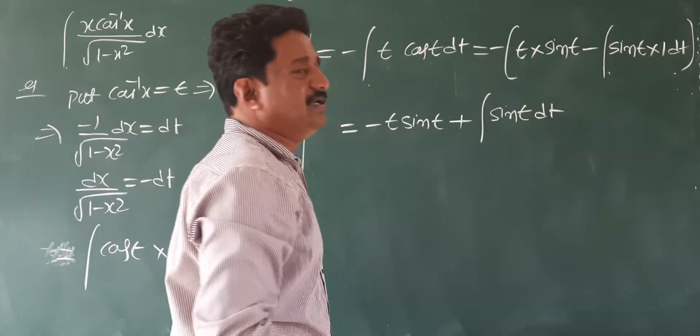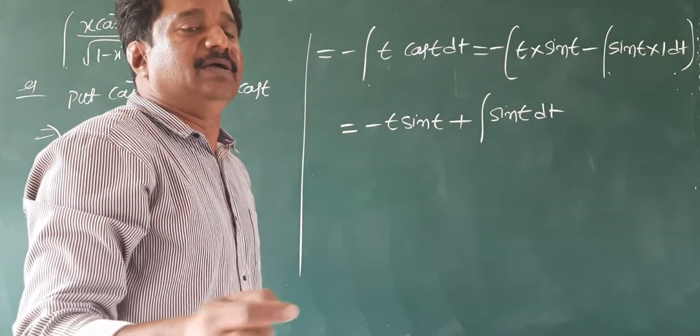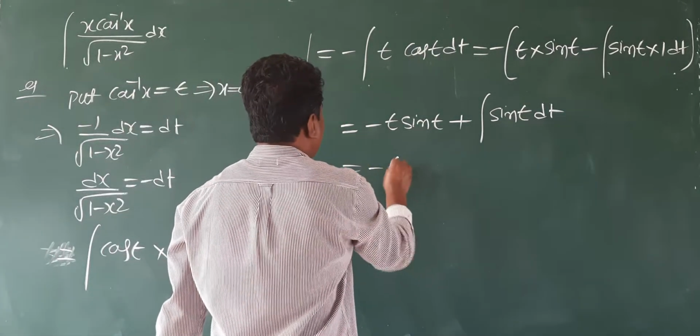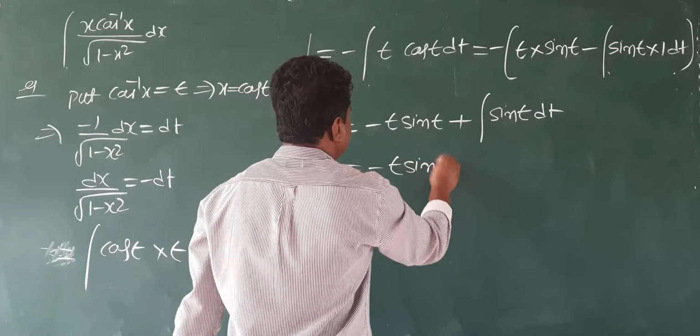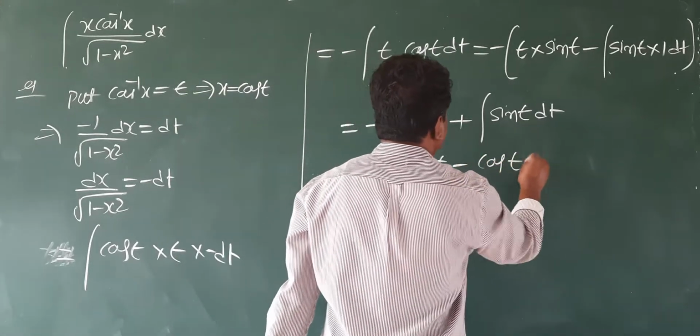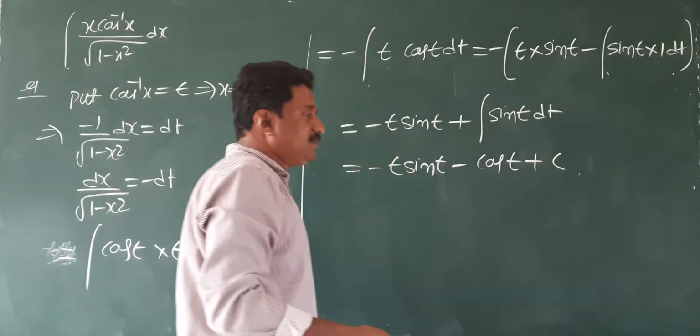Integration of sin t is minus cos t plus c. So it is minus t sin t minus integration of sin t, which is minus cos t, plus c.